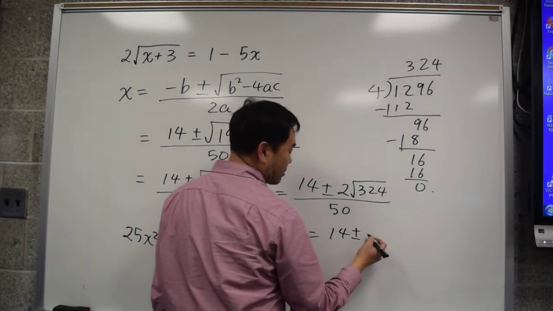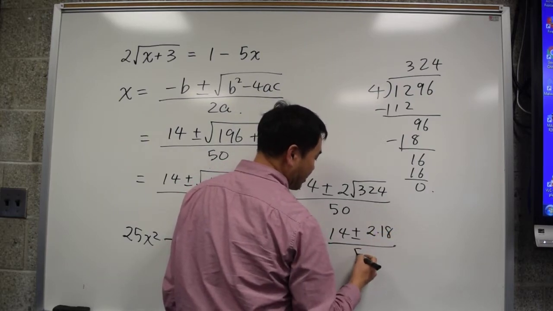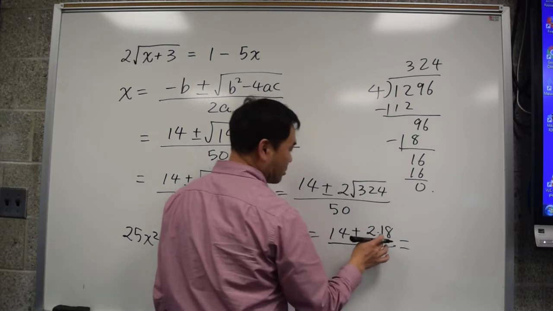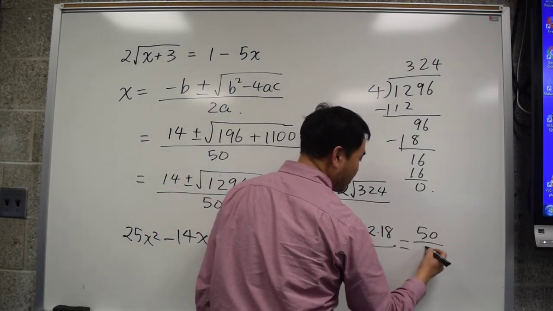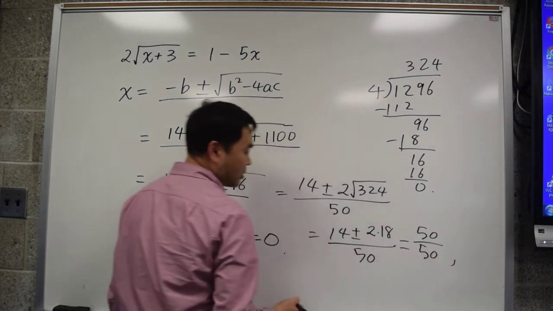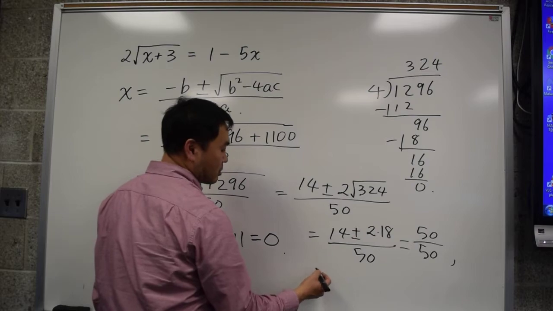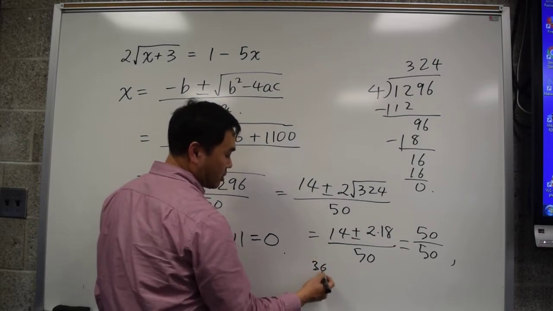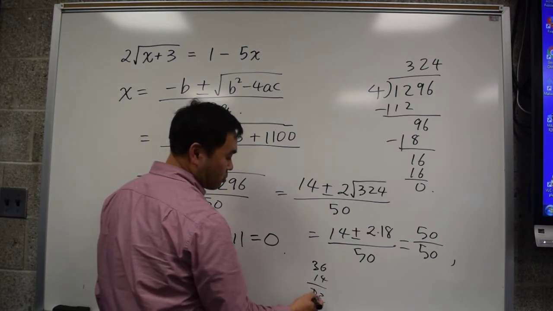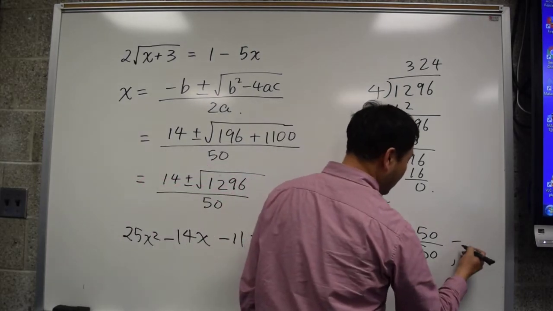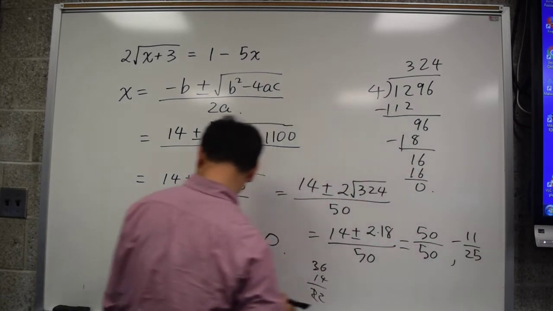So I get 2 times 18 divided by 50. So 36 plus 14, you get 50 over 50 as one answer. And 14 minus 36 gives negative 22 over 50. Negative 11 over 25, that's another answer.